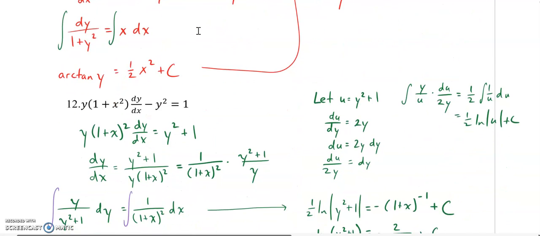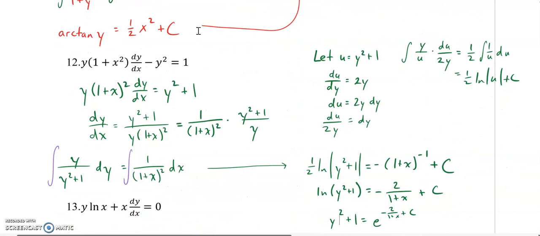And remember also that c is a constant and e is a constant. So if I'm looking at e raised to the -2 over 1 plus x times e raised to the c, this constant raised to the constant is just another constant. So we'll do c times e raised to the -2 over 1 plus x.